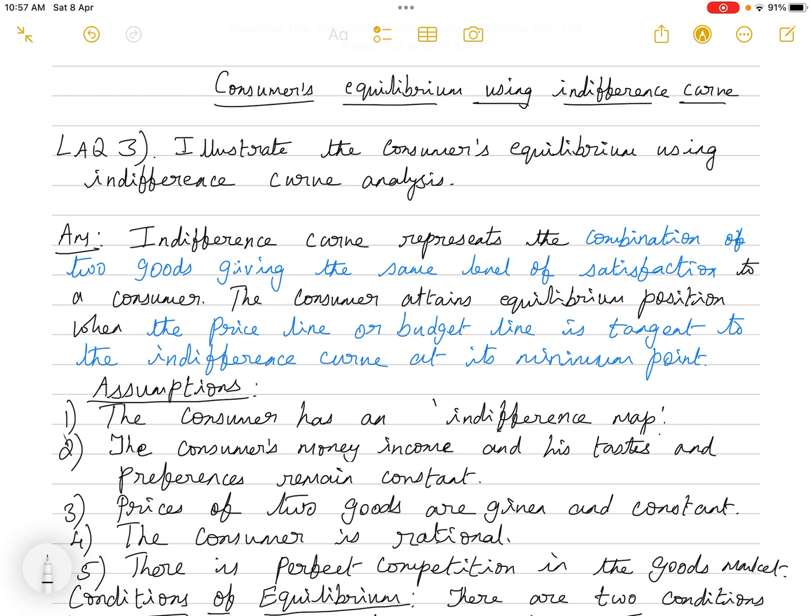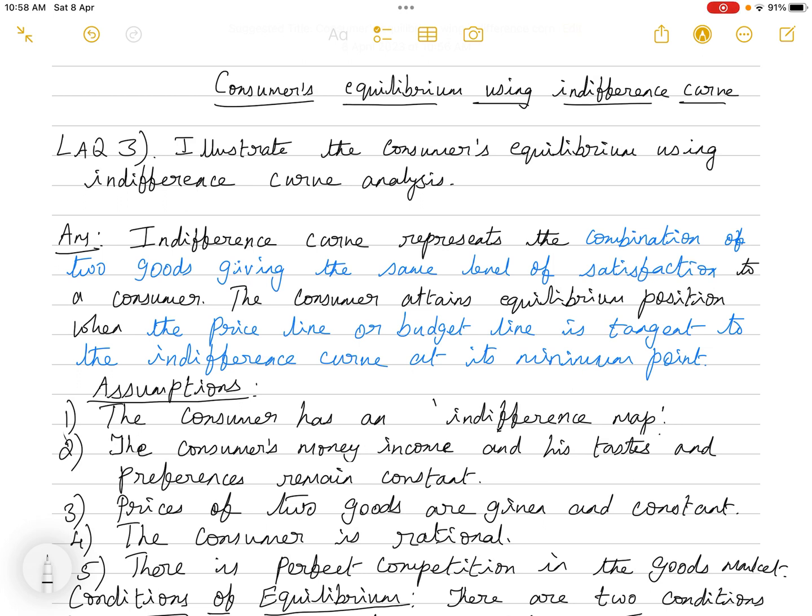The consumer attains the equilibrium position when the price line or budget line is tangent to the indifference curve at its minimum point, because the indifference curve shows only the preferences of the consumer, without taking into account the budget, the income of the consumer, as well as the prices of the commodities. But in actual practice, the preferences of the consumer should match the budget, isn't it?